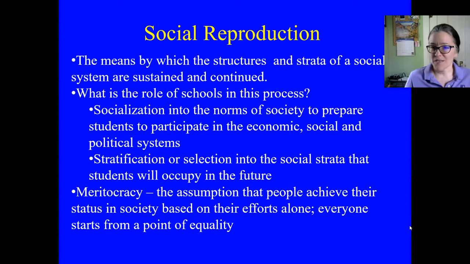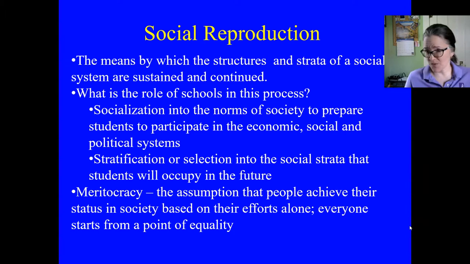Functionalists see social reproduction as the means by which we reproduce our social systems. And conflict theorists are going to focus on how we reproduce inequalities in our systems. But this is, again, looking at this from a functionalist point of view, we're looking at the social system and how it perpetuates itself.